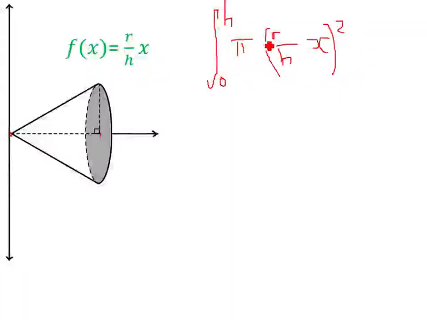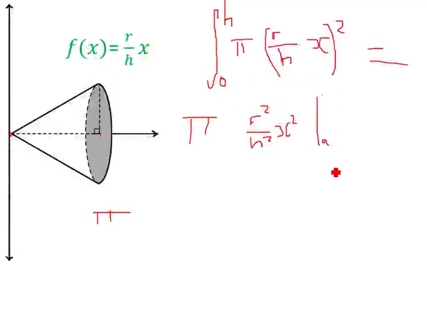But, so we can take out pi, and now we're just left with pi times r squared divided by h squared x squared, integrate from 0 to h.